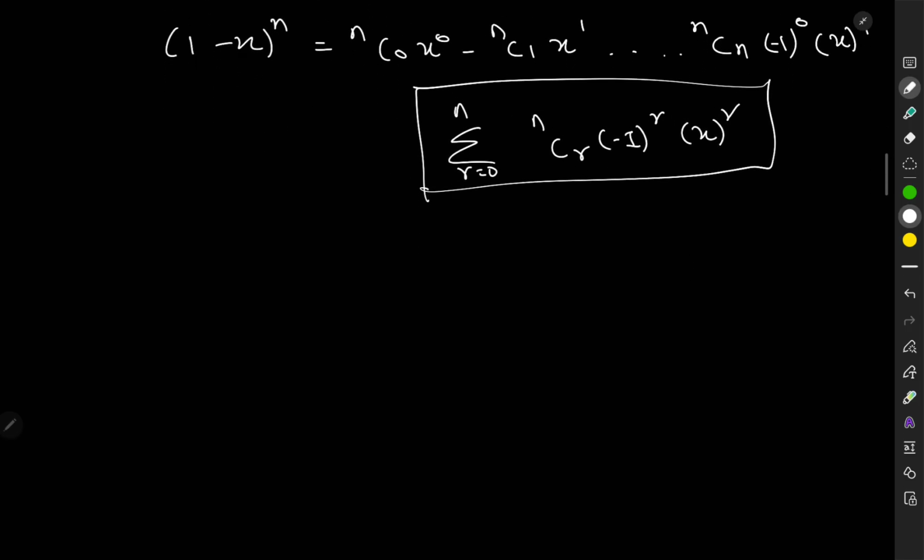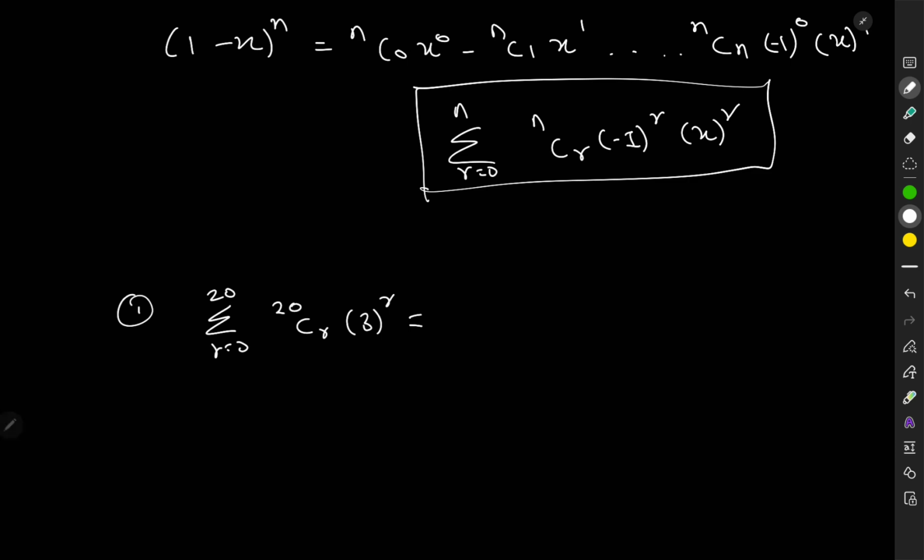So let me give an example for this. Sum of 20Cr 3 to the power r, we need to find the value of this. For simply finding this value, I can see from what this expansion has come, right?